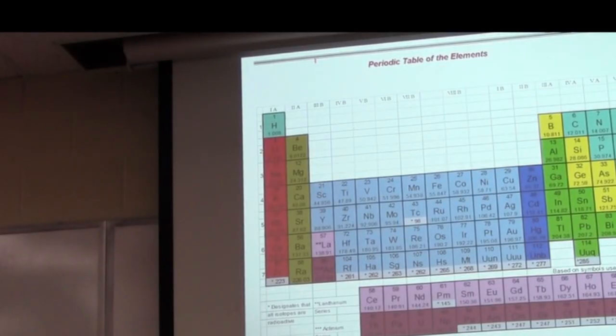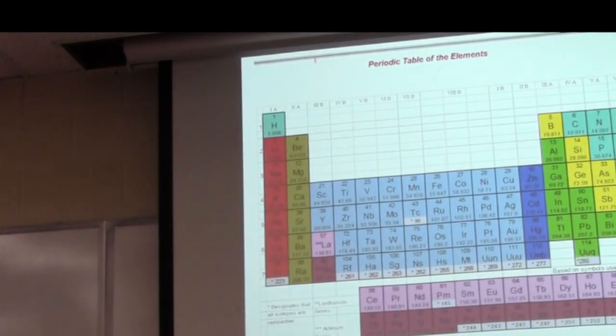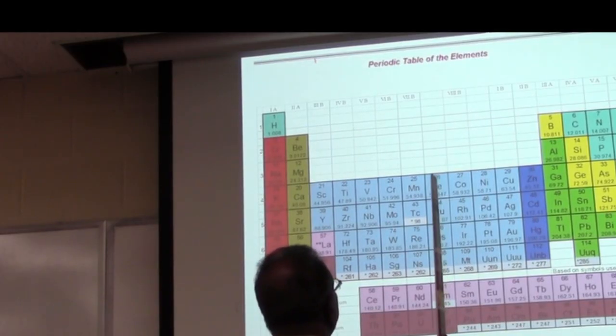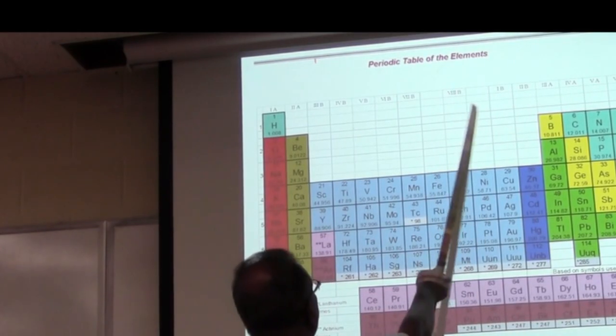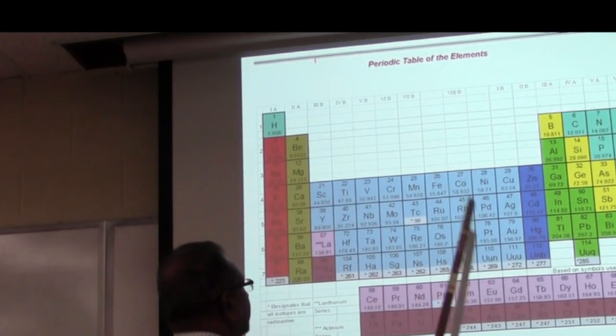To summarize everything: alkali metals, alkaline earth metals 1A, and these three groups are called 8B, iron, cobalt, nickel.